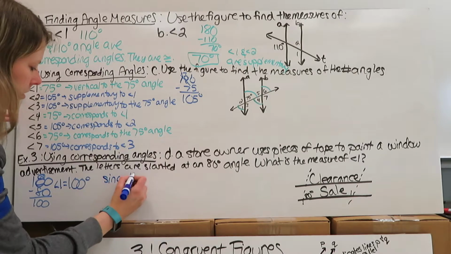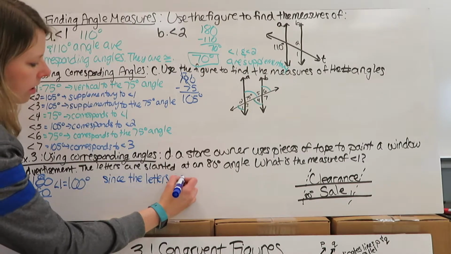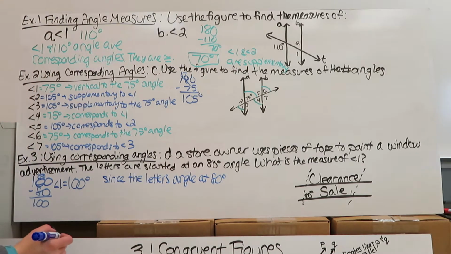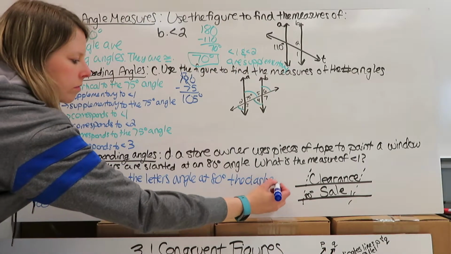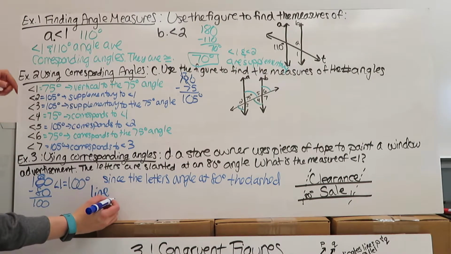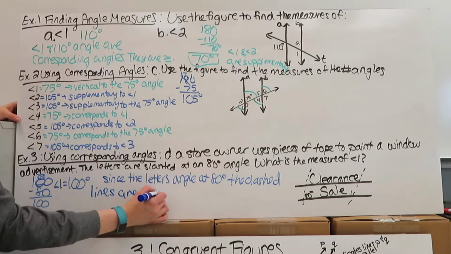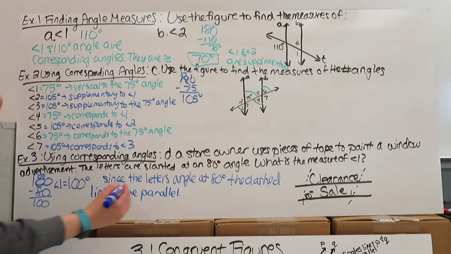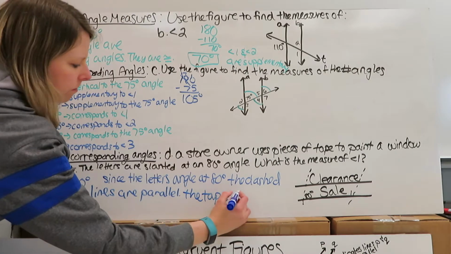Since the letters are slanted at 80 degrees, the dashed lines are parallel. The tape acts as a transversal.